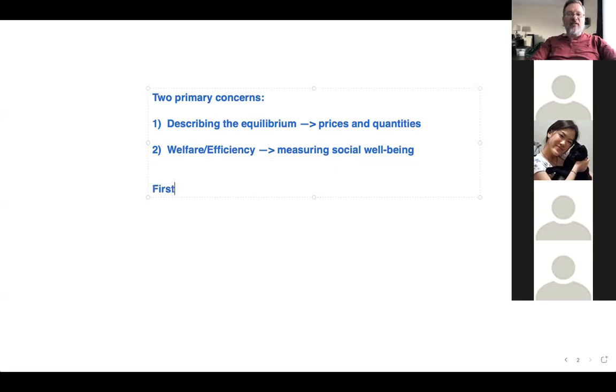And notice this: First Fundamental Welfare Theorem. Does that sound like it's important, Abigail? Yes. Yeah, right, because it's the first.